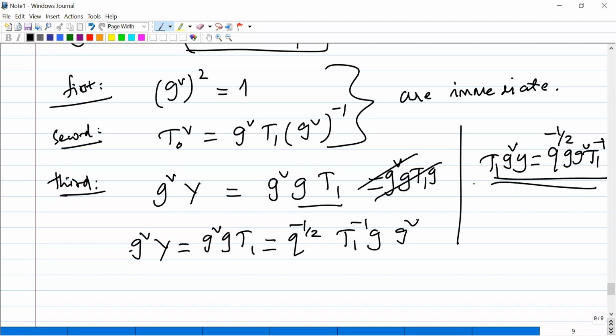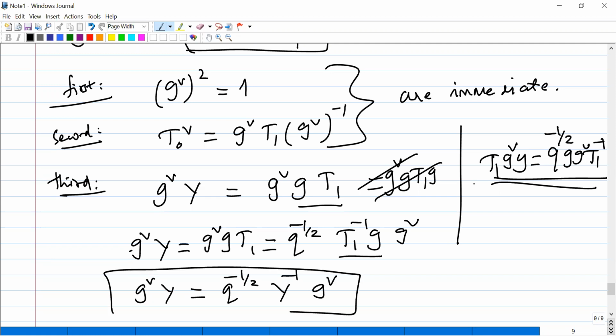So this is the same as G check Y equal to, now you can replace this by Y inverse Q power minus of Y inverse G check. So this is the relation we wanted.